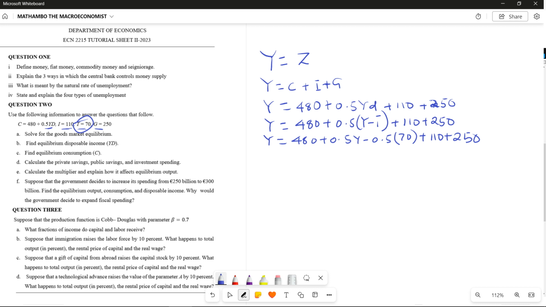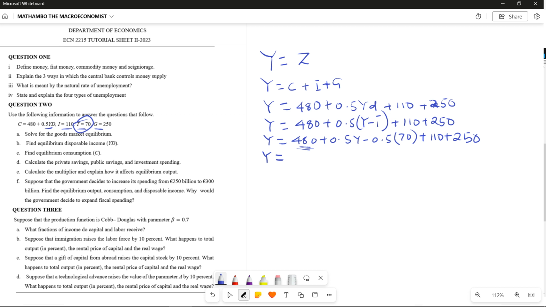Now our next step is to get the autonomous expenditure by summing up the 480, minus 0.5 of 70, where 70 is our tax.